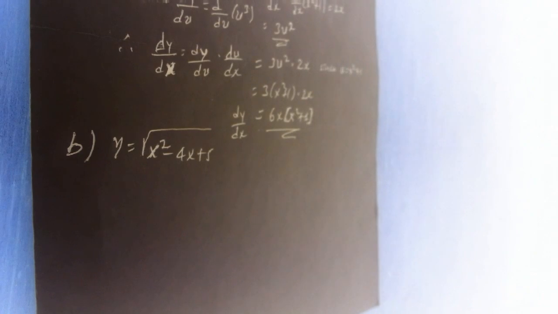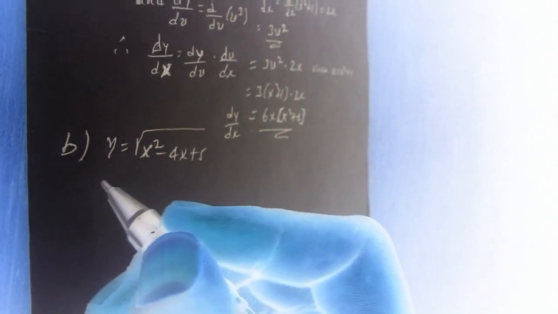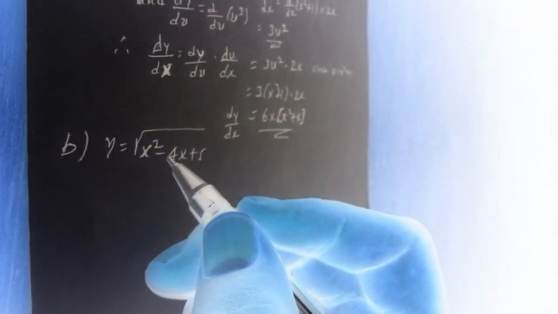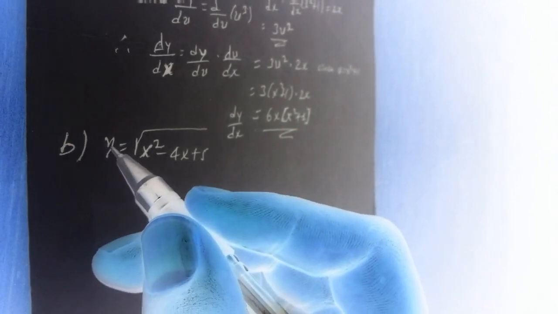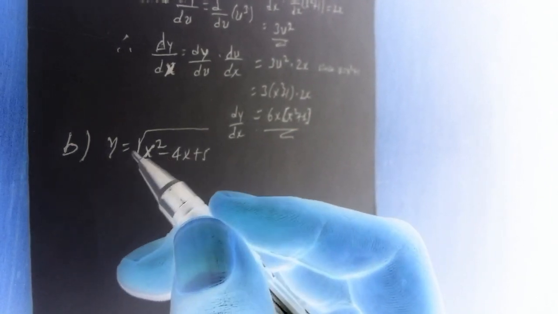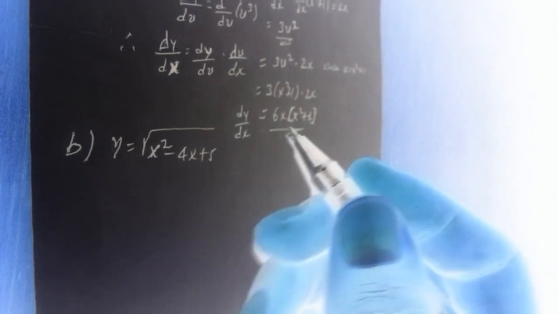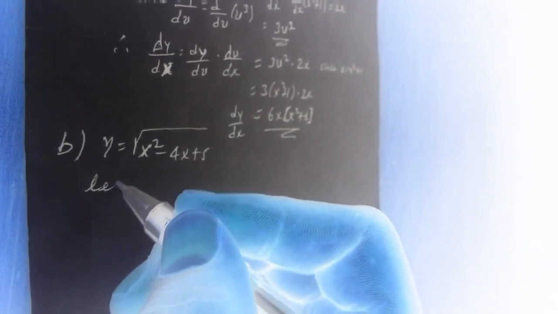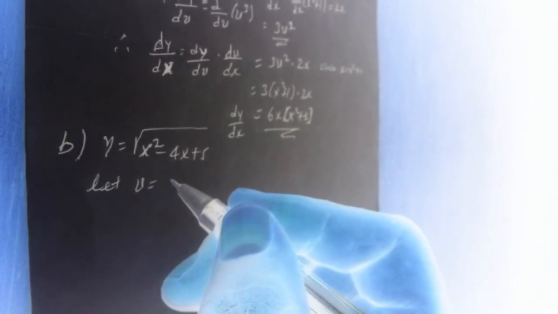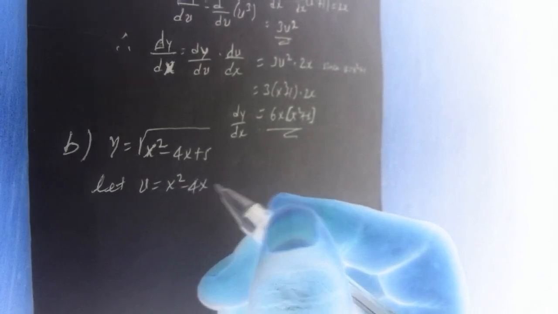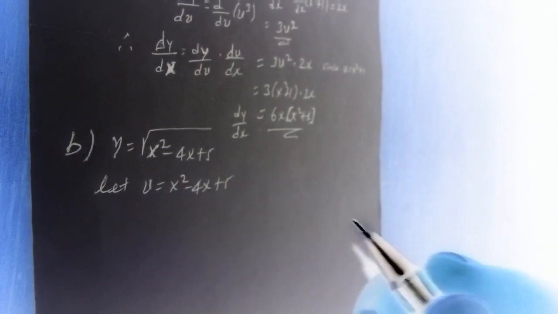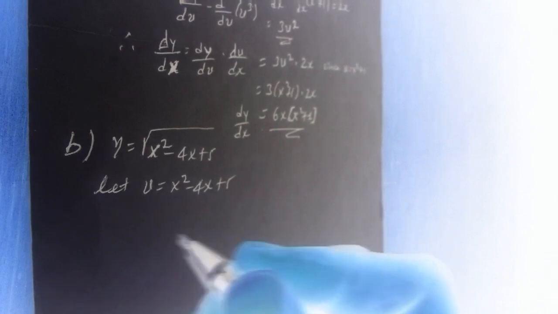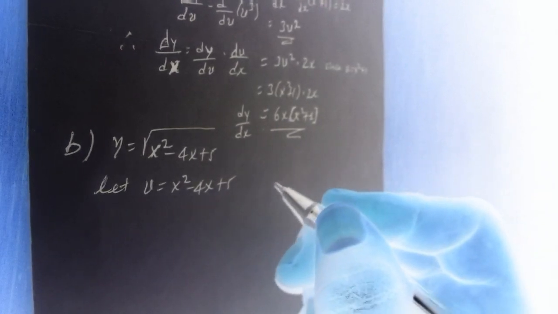The second example is y equals the root of x squared minus 4x plus 5. To find the derivative of this, let u equal x squared minus 4x plus 5. This polynomial becomes u.